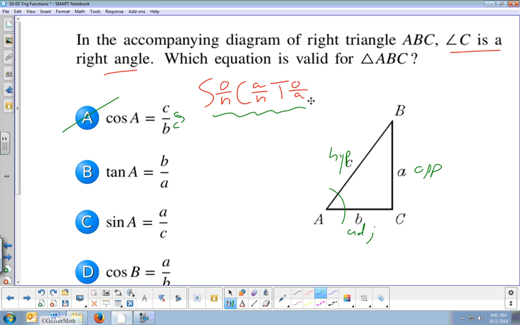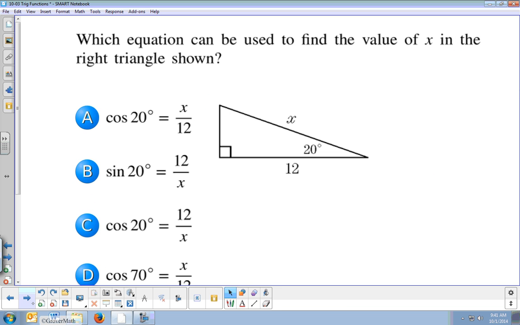Tangent of A is opposite over adjacent, so that'd be A over B, not B over A. Again, upside down, so false. Sine A, opposite over hypotenuse, is A over C. That is correct. And let's just look at this last one. Cosine B. Now, this would no longer be adjacent. It would be opposite. And this would no longer be opposite. It would be adjacent. So cosine B would be adjacent over hypotenuse, A over C, not A over B. So C is the valid function here.